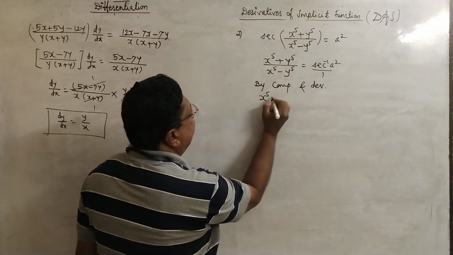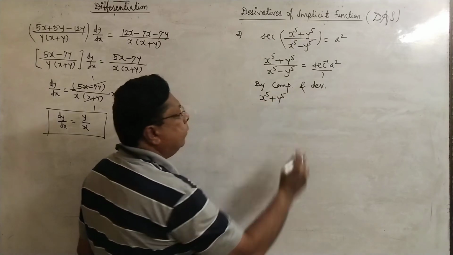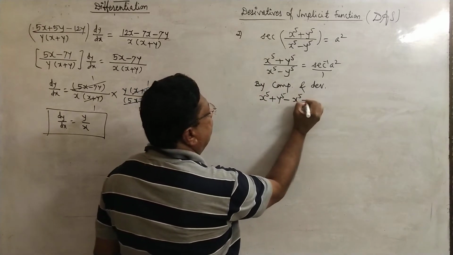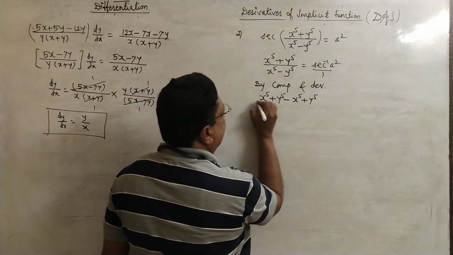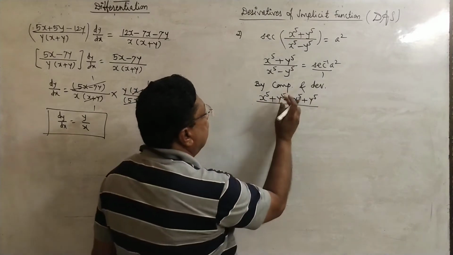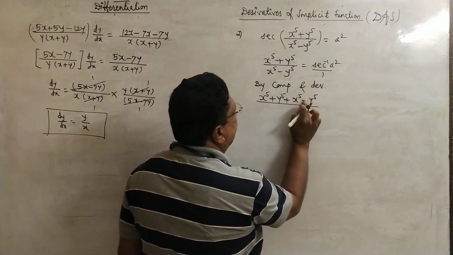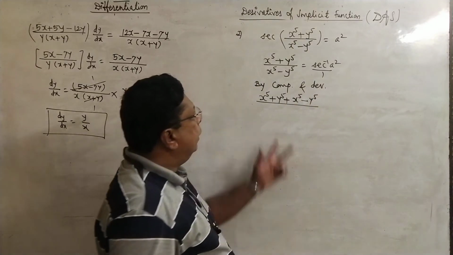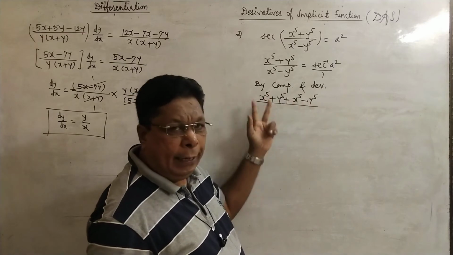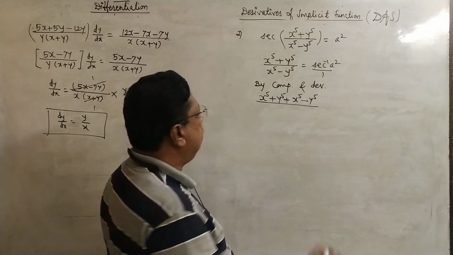Okay, x raised to 5 plus y raised to 5. Add the denominator, it is plus x raised to 5 minus y raised to 5. In the numerator, numerator plus denominator. In the denominator, numerator minus denominator.